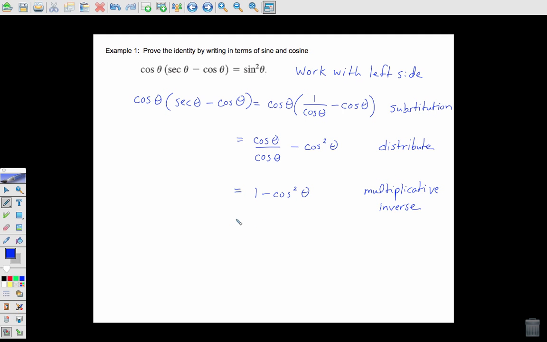All right, and then 1 minus the cosine squared of theta, that's one of our Pythagorean identities. That is equal to the sine squared of theta. That is substitution. And we are done. We've proved that cosine theta times the quantity secant theta minus cosine theta is equal to the sine squared theta.